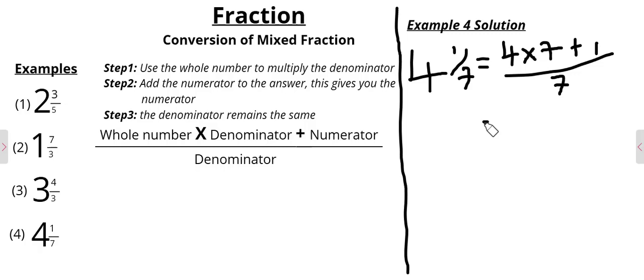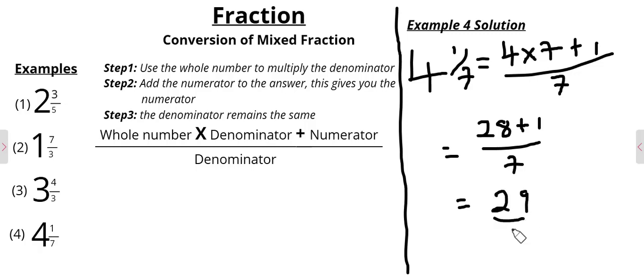Now what we arrive at there will be 4 times 7 is going to give us 28, plus 1 all over 7. So what do we have there? We have 29 all over 7. So that's the final answer to our example 4.